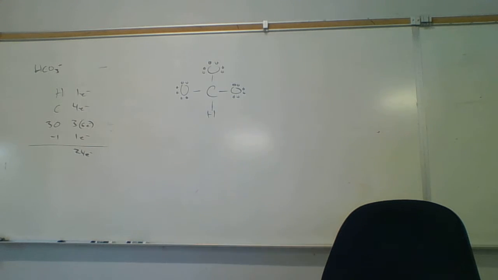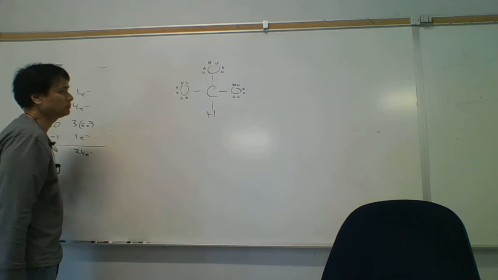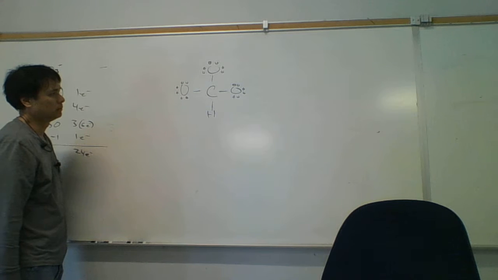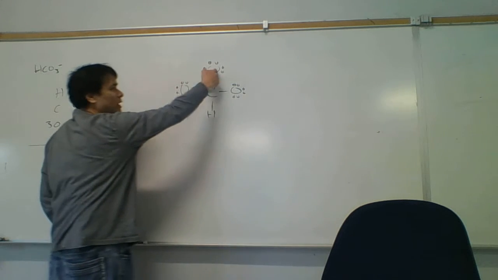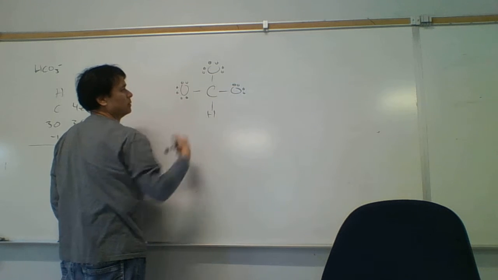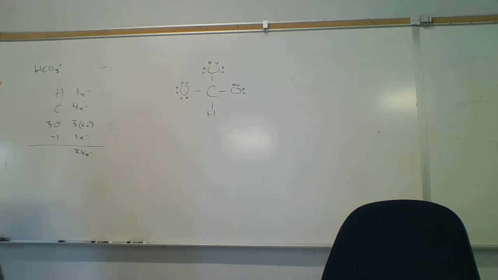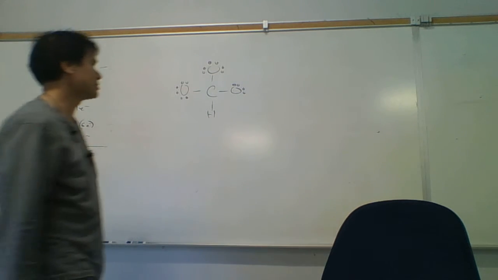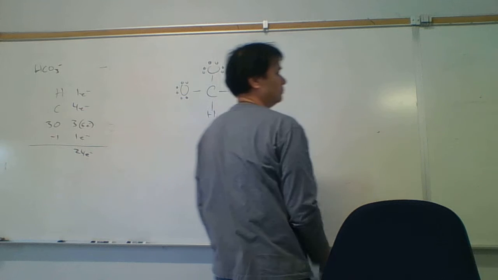Somebody has to lose 2 electrons, so who can lose? It's got to be one of the 3 oxygens. I can't take a bonding pair out, otherwise it becomes disconnected, so let's remove a lone pair. Now I have 24 electrons, but one thing has happened: I no longer have an octet.